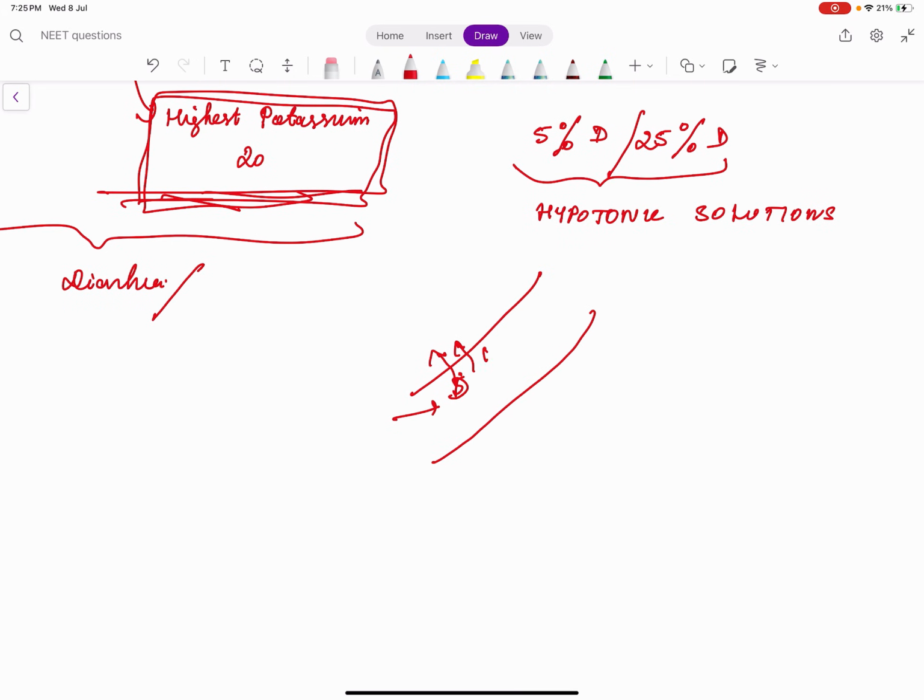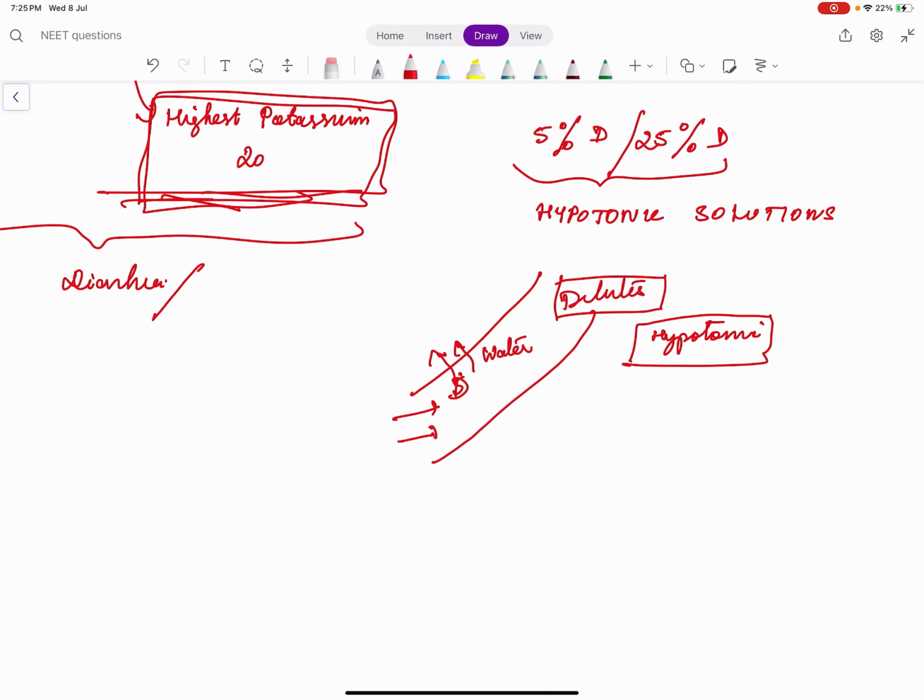So what actually remains is plain water, so it dilutes the plasma. 5% or 25% dextrose, even though they are good fluids for hypoglycemia management, when given in the blood, because the glucose enters the cells, it leads to dilution or hypotonicity. So these are called hypotonic solutions.